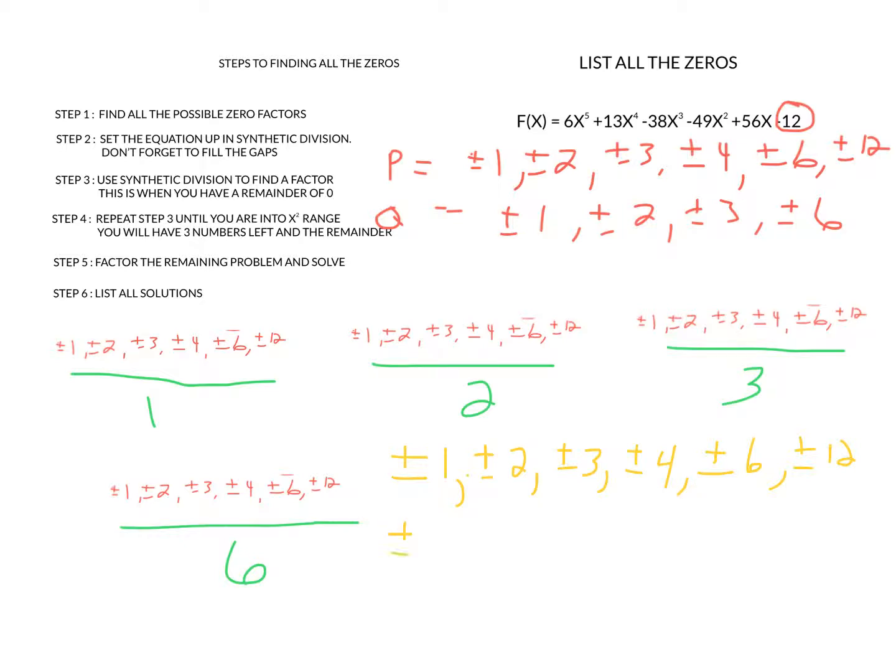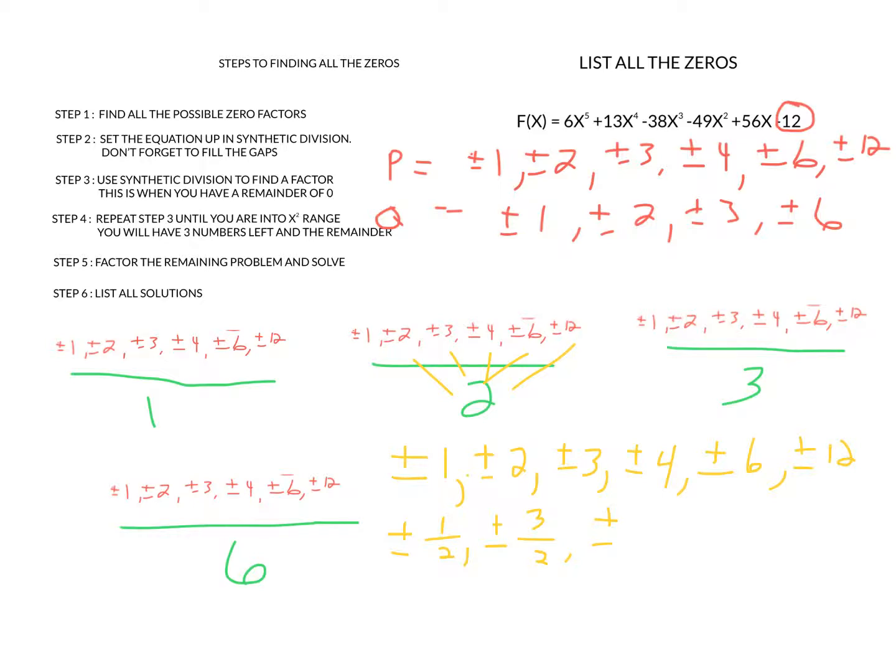Plus or minus, we have 1/2. Plus or minus 2 halves is 1. Then we have the 3 halves, so 3 over 2. And we have 4 halves, which is just 2. So then we have 6 halves, which is just 3, which we have, and 12 halves, which is 6, which we also have. So this is all set there.